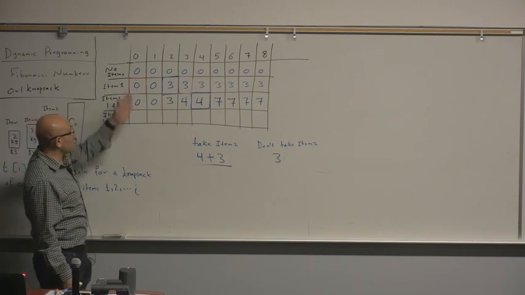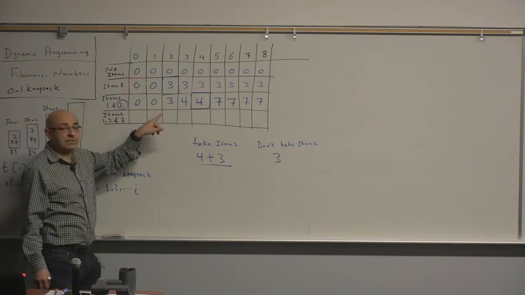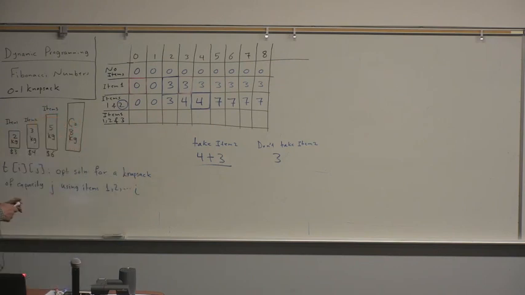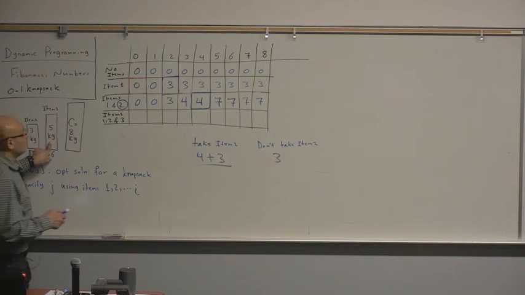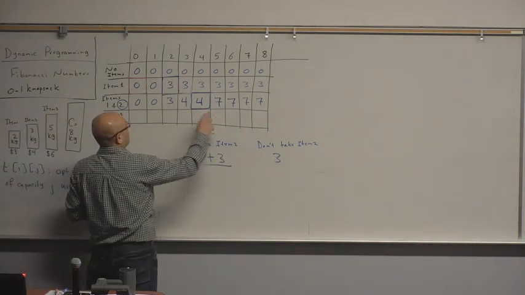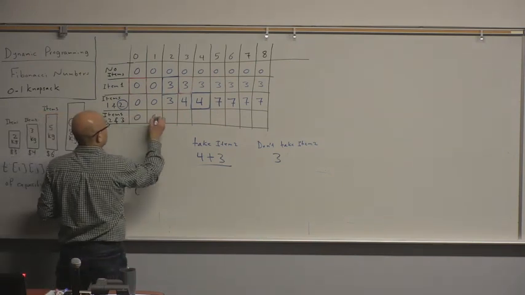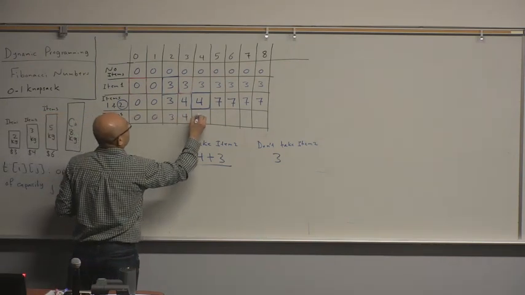Now I should keep copying whatever I had in the previous row until I get to a capacity of 5. Before 5, taking item 3 is not an option because it won't fit. So until I get to 5, I just copy whatever I had previously. So I have 0, 0, 3, 4, 4.